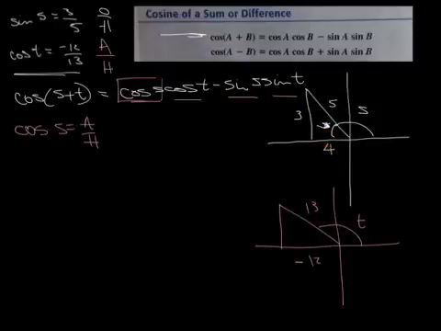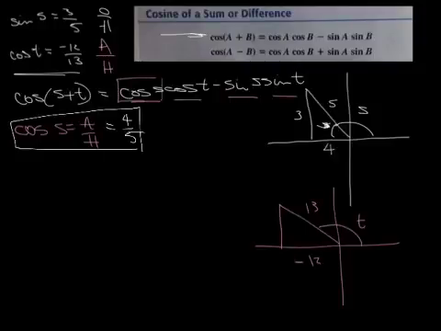So now that I know that one, I know that my cosine of s is going to be 4 over 5. I'm going to keep that handy because I'm going to plug that in a minute. Now I need to find the cosine of t, and we have that up here. We were given that because I'm looking at this part right here, and that's negative 12 over 13, so I'm going to keep that.